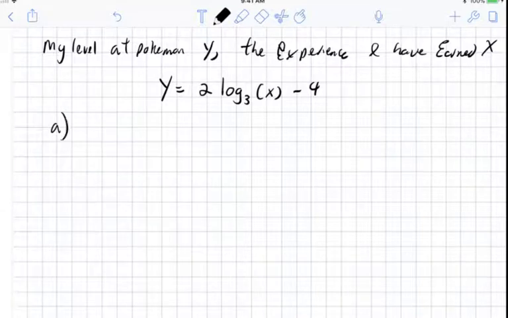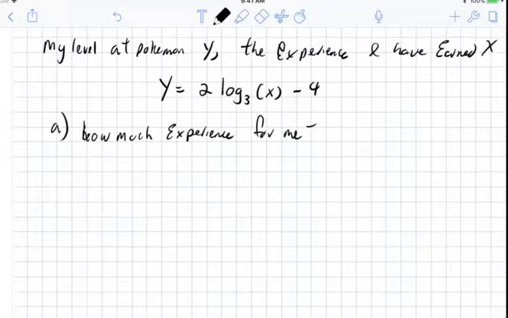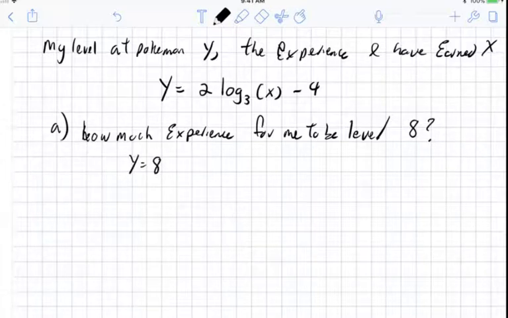So let's cut to the chase here. How much experience for me to be level 8? I'm giving you information about y, and I'm asking you information about x.